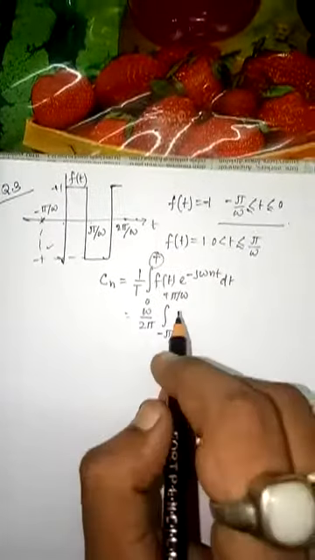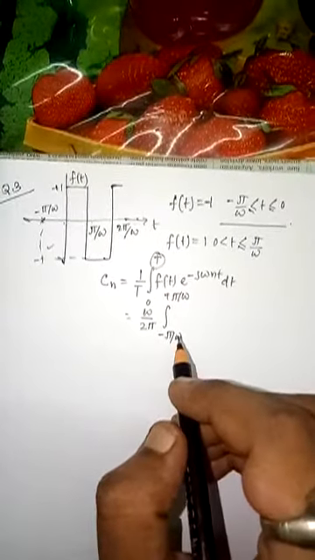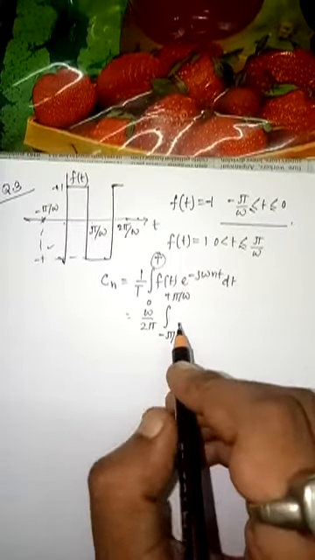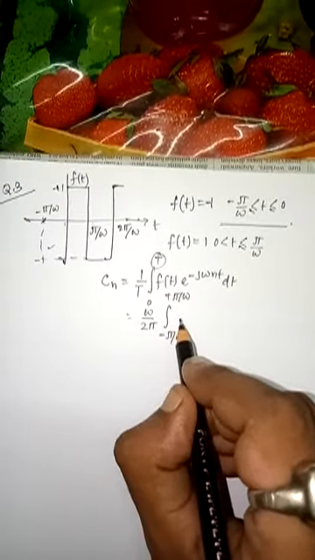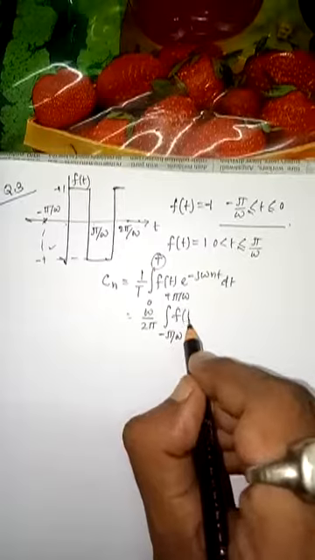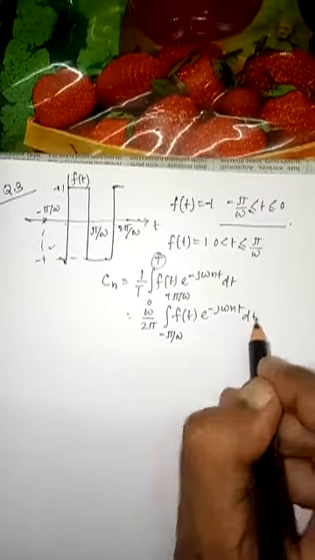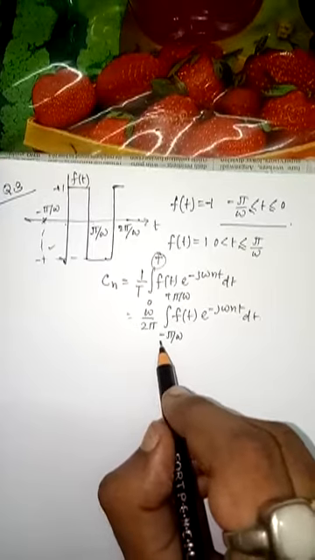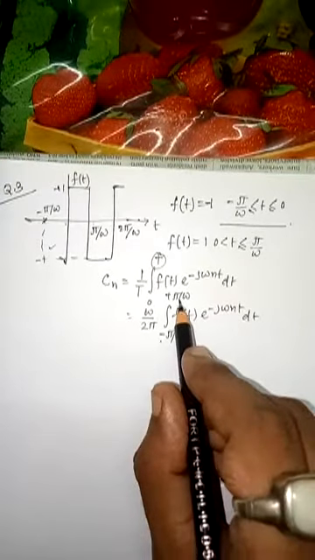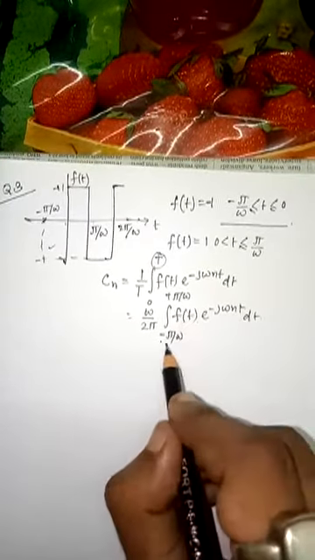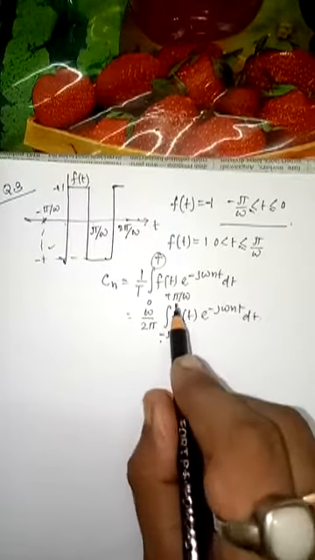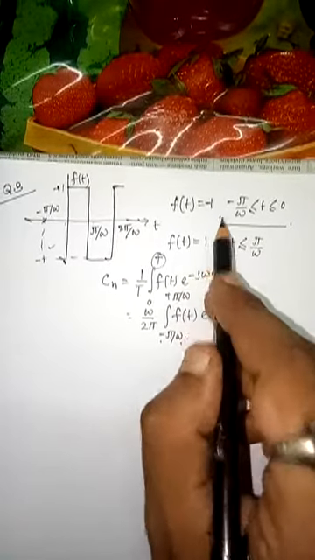So in this particular given problem, the limit is given, and this is f of t. So I can again write f of t e to the power minus j omega n t dt. Okay, so it is minus pi by omega to 0 and 0 to plus pi by omega, so two different definitions are being created.